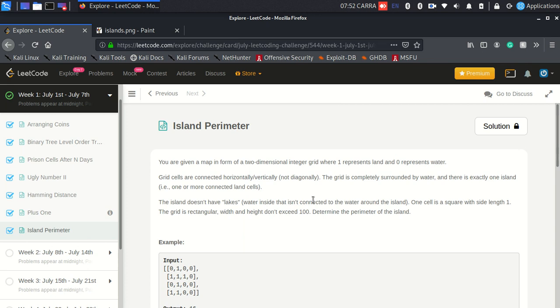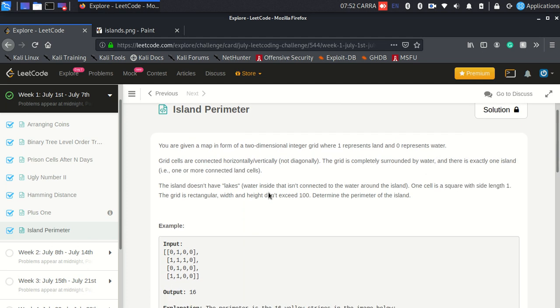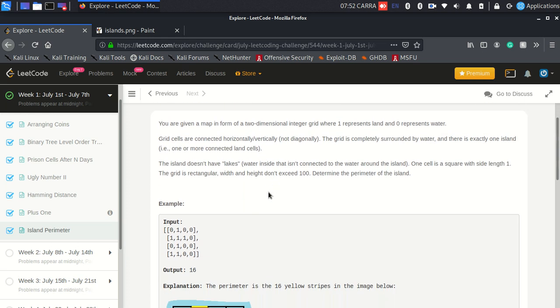An island is nothing but a connected component of ones, right? So an island is one or more connected land cells. The island doesn't have lakes, so that means there is no area of water which is surrounded only by land. That is, water inside is not connected to the water around the island.